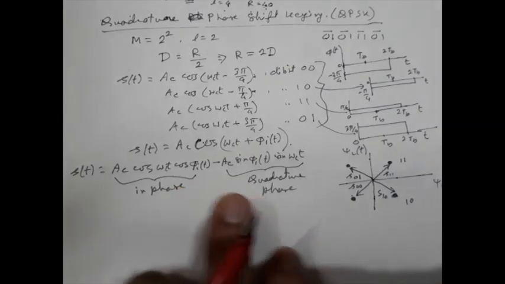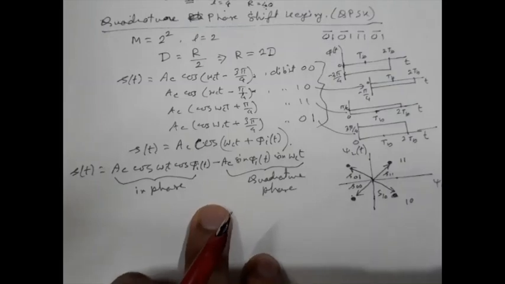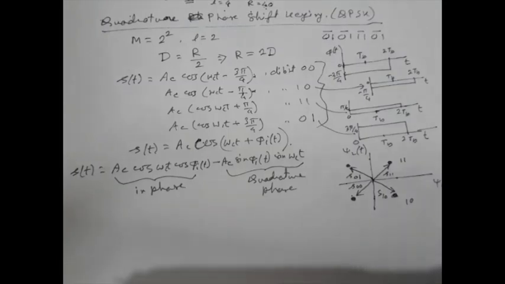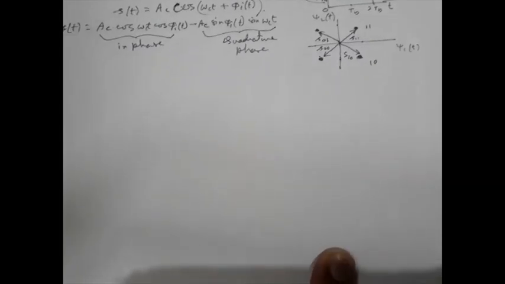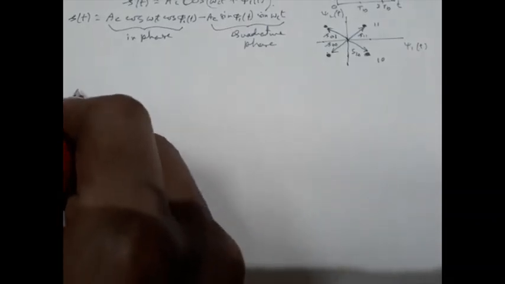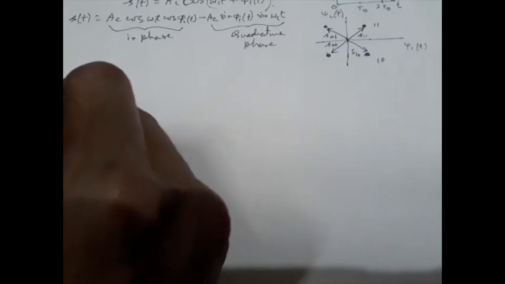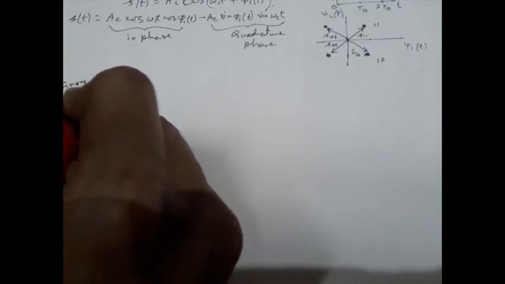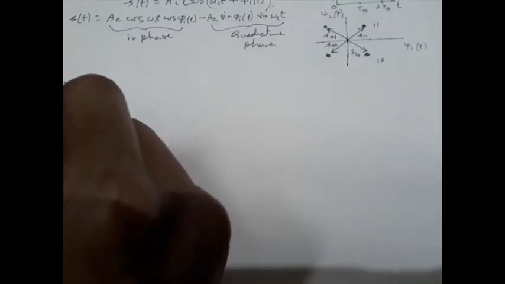So let us try to understand the basic block diagram of the QPSK generator. First of all, we have the binary signal.